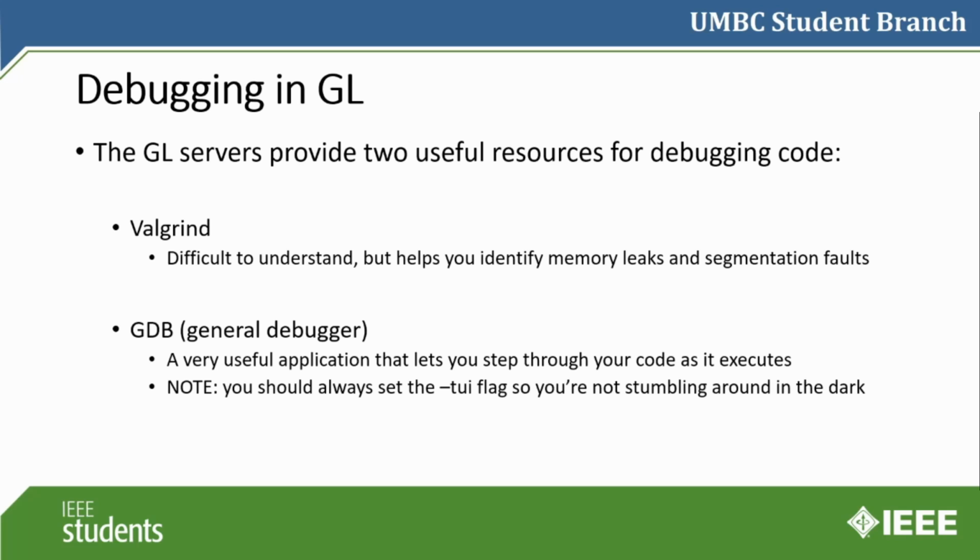And GDB is a useful program that allows you to step through your code and see how things are executing. A brief note for GDB: it is highly recommended that you set the TUI flag with -tui when calling it, so that you can actually see the code that's being executed.